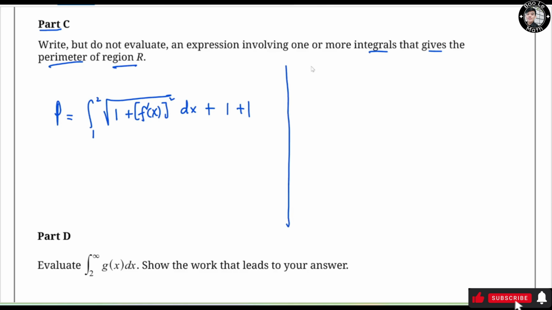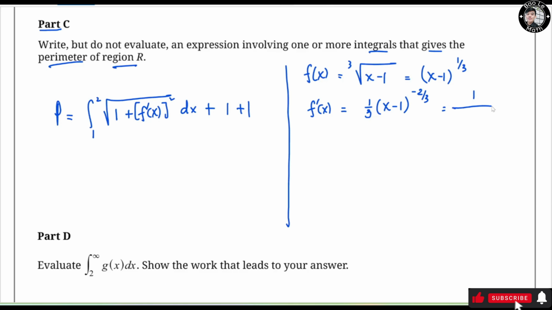We need to calculate f prime of x, right? So we have f of x equals cube root of x minus 1. Then this guy can be written as (x minus 1) raised to the 1/3, right? So f prime of x equals 1 over 3 times (x minus 1) raised to the 1/3 subtract 1, which is negative 2/3, right? So it's going to be 1 over 3 times (x minus 1) raised to the negative 2/3.